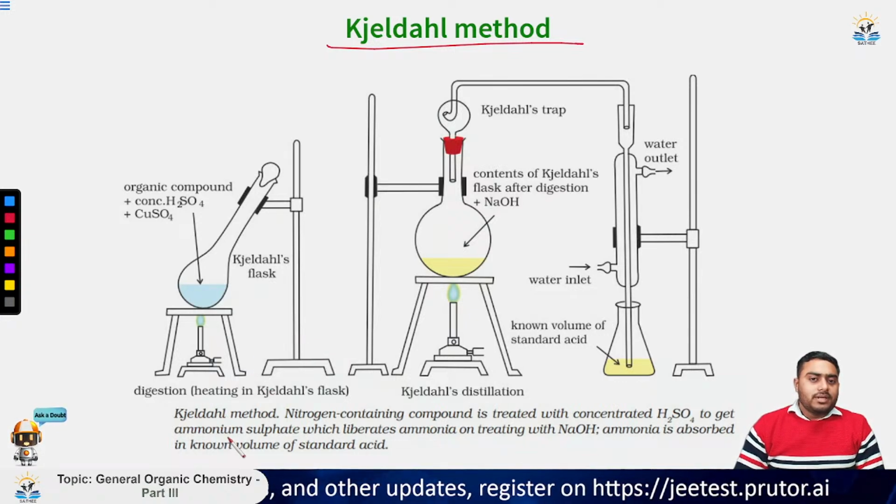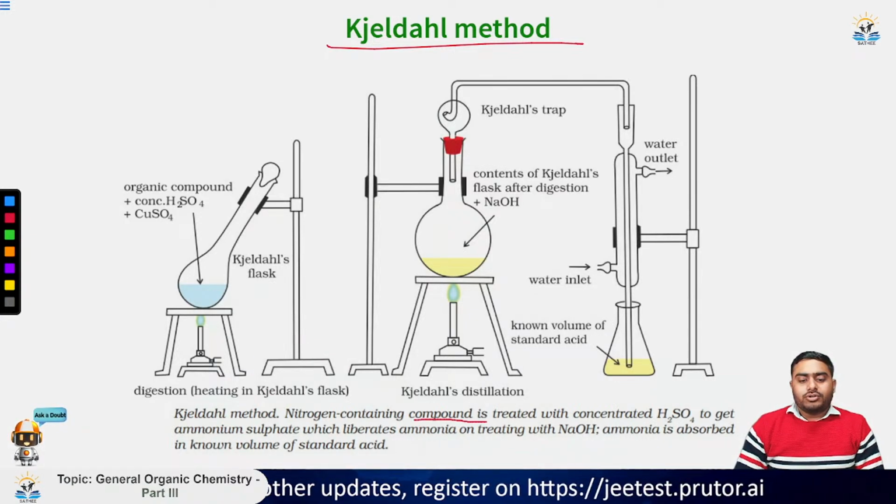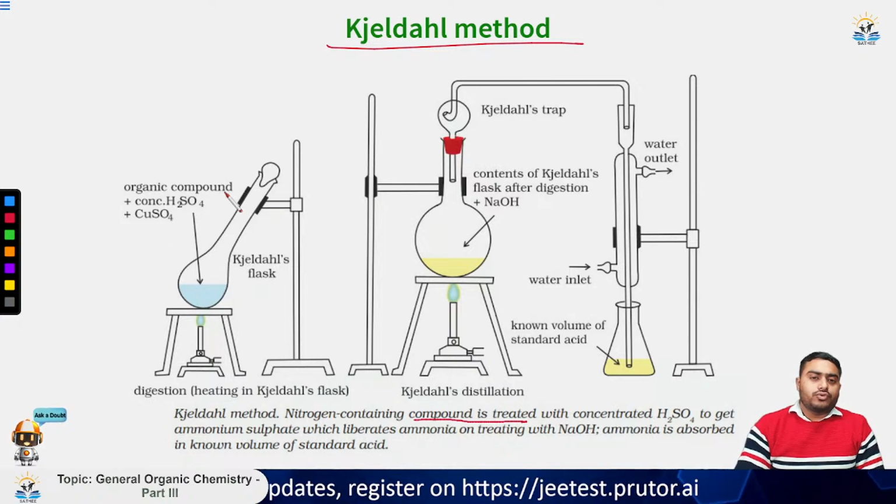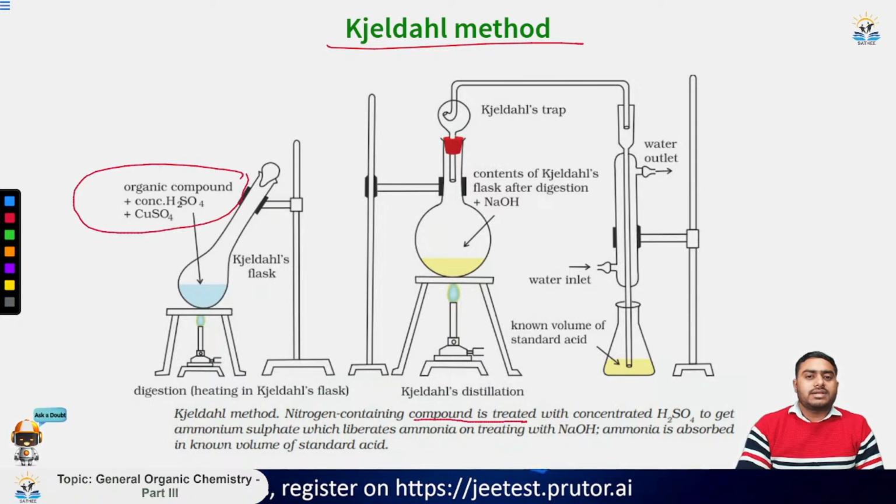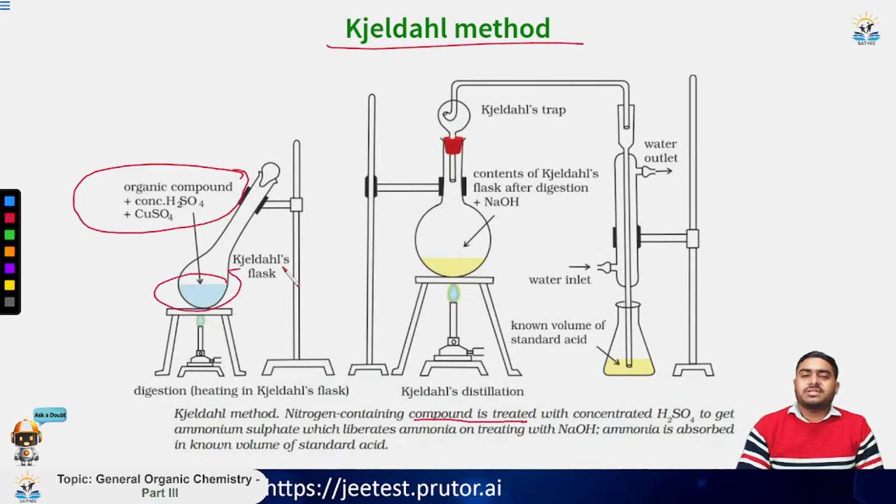In the Kjeldahl method, the nitrogen containing compound is treated with concentrated H2SO4. You can see organic compound plus concentrated H2SO4 plus copper sulfate. This is named as the Kjeldahl flask. This is named as digestion, that means heating in the Kjeldahl flask with the help of this burner.